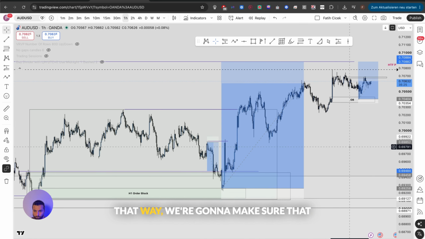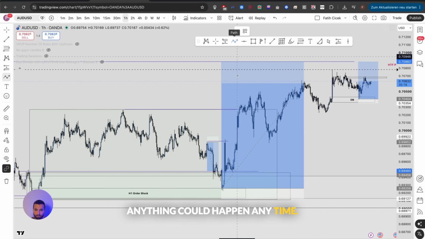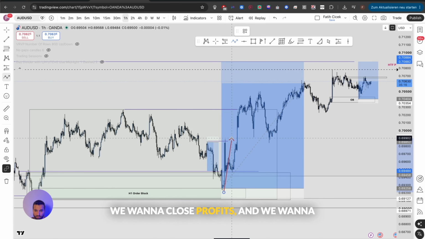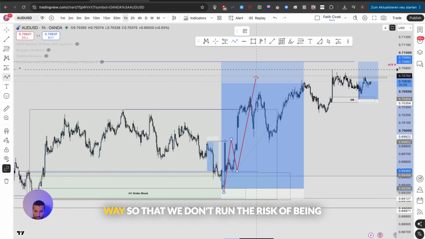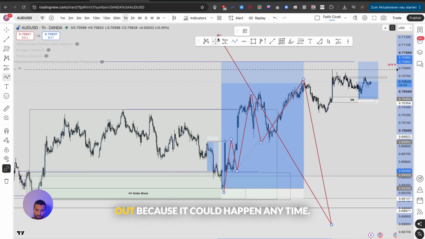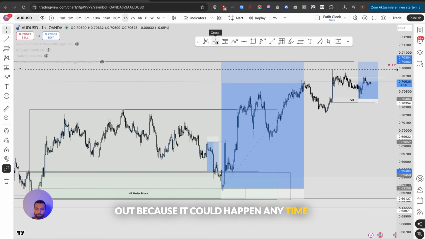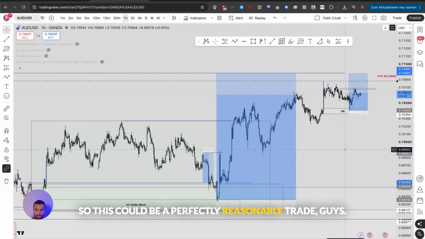That way, we make sure we're actually making profits, because anything could happen anytime. We want to close partials and take profits along the way so that we don't run the risk of being deeply profitable and then being stopped out. Okay, good. So this could be a perfectly reasonable trade, guys.